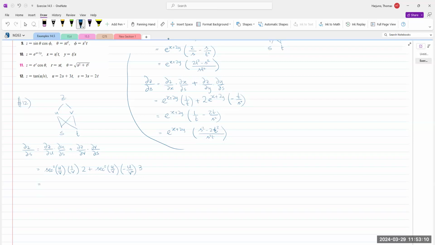I think we can factor 1 over v out. So secant squared of u over v times 1 over v, parentheses, 2 minus 3u over v. You know what? Let me factor another 1 over v from the denominator.